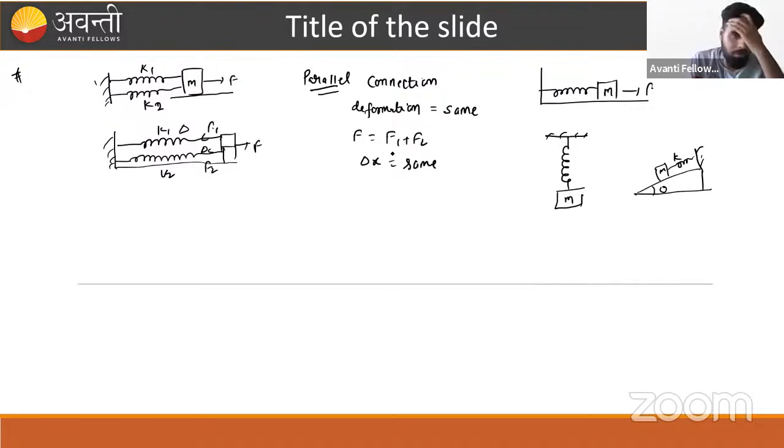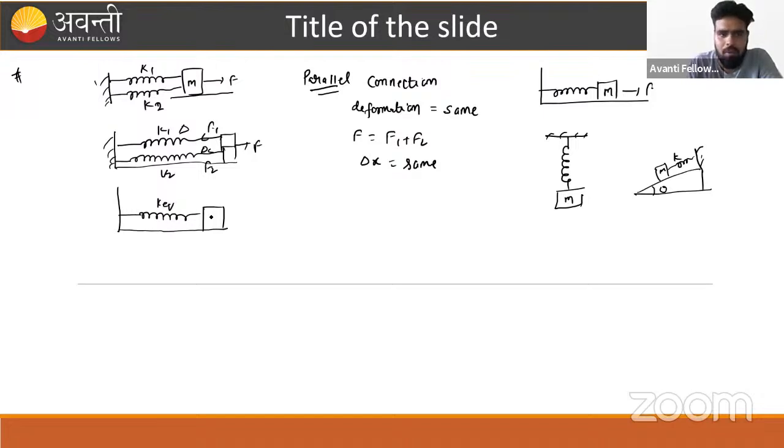By using this equation, if we replace the two springs with a single spring doing the same work, this is known as the equivalent spring. If springs having spring constants K1 and K2 perform some task, the same task is performed by this equivalent spring.